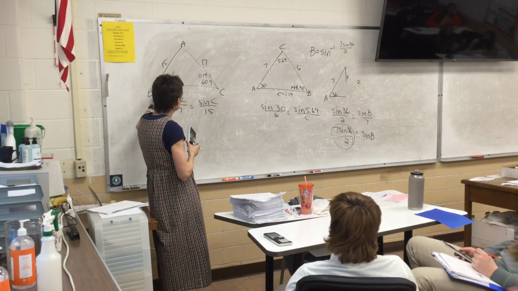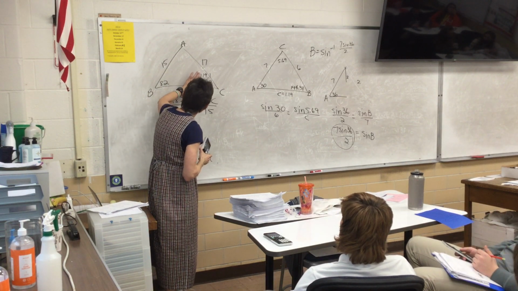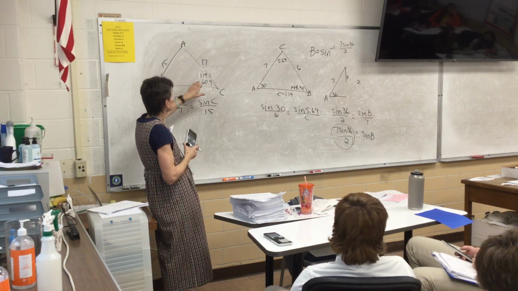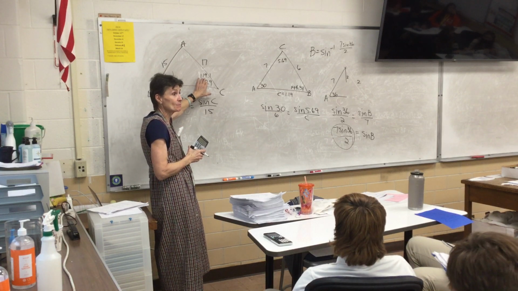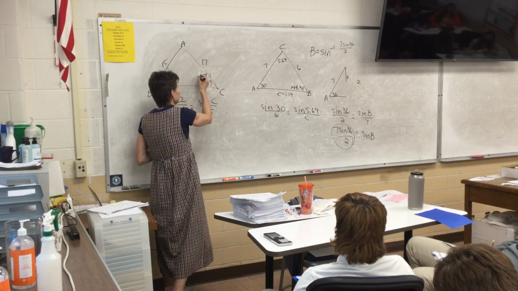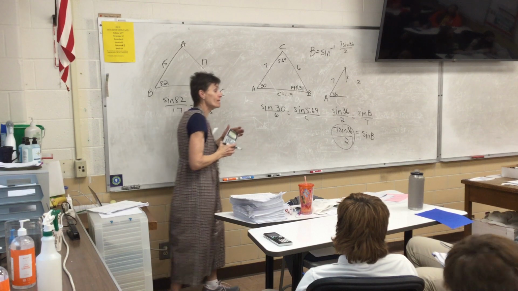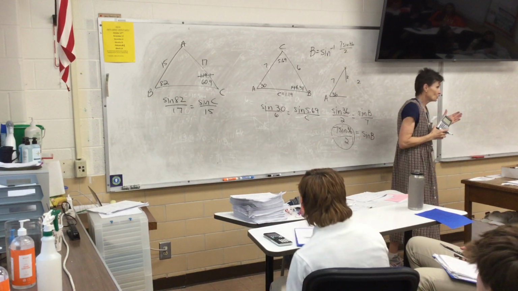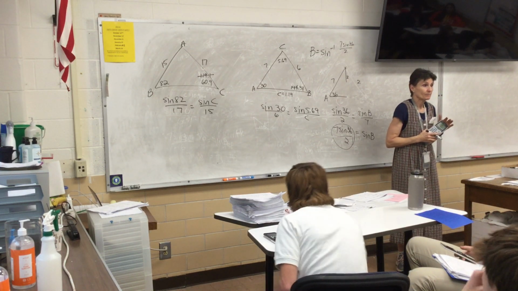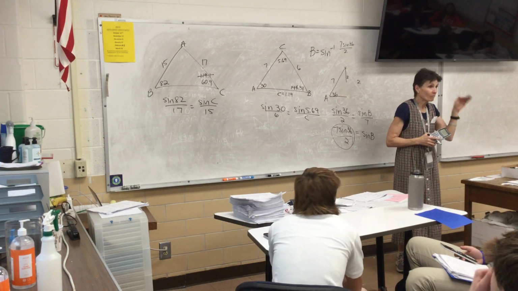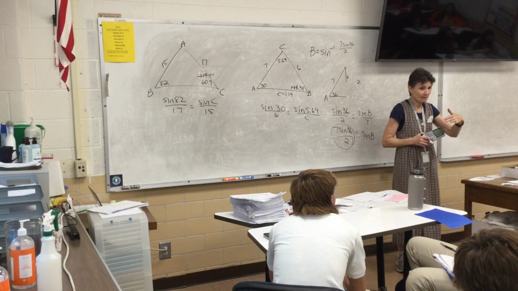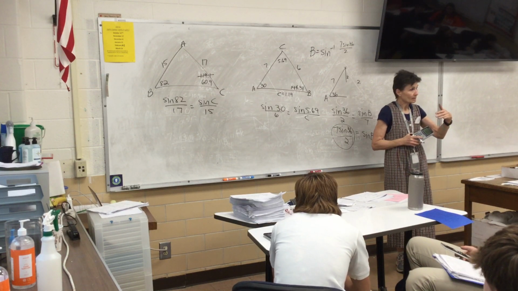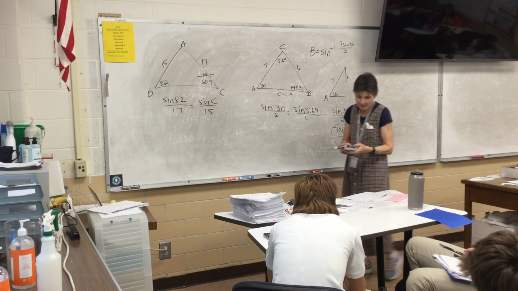Can you have an 82 and 119 in the same triangle? So that one didn't work, which means how many triangles are possible? Just one. Just the one with the 60.9. Now, you don't have to solve it, but if you did, you would only have one set of answers. There's only one. All right, try the next one.